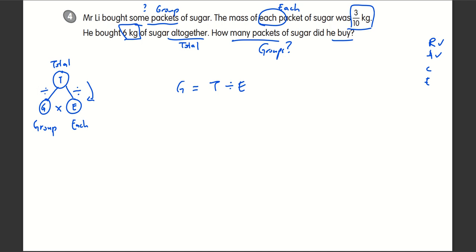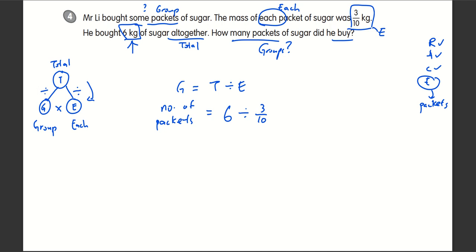So to find the number of packets of sugar he bought, I'm going to put in the total here, 6 kilograms, divided by the each, which is here, 3/10 of a kilogram. Even though I have kilogram as the units here, in the end I'm looking for packets of sugar, so the unit I'm looking for is actually packets. I make sure I'm writing packets in the end.